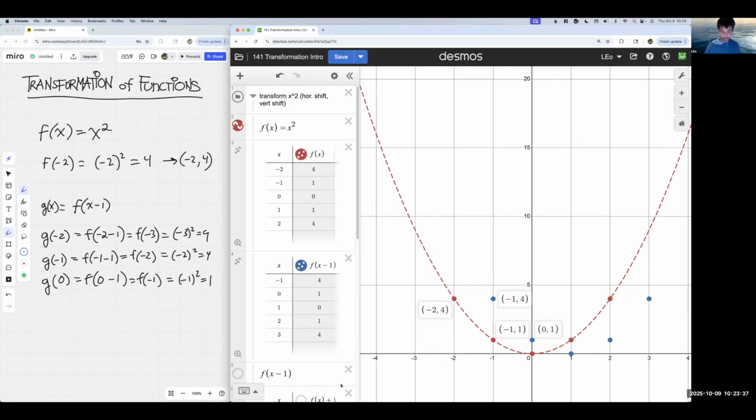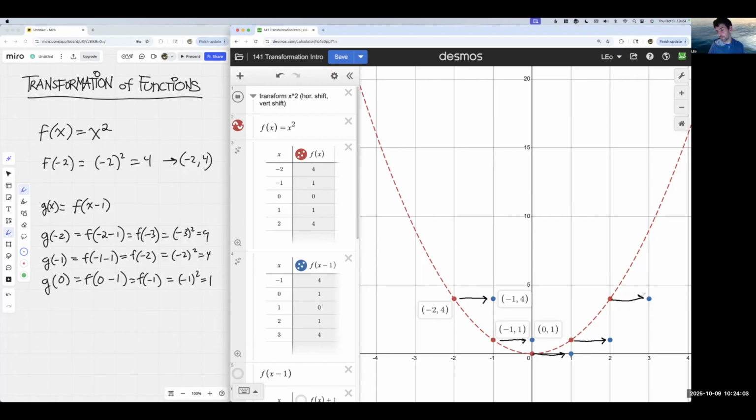It's as if, let's use a different color, it's as if we've moved these points to the right. The same outputs are now occurring 1 unit to the right.